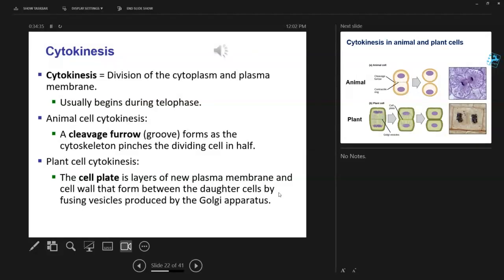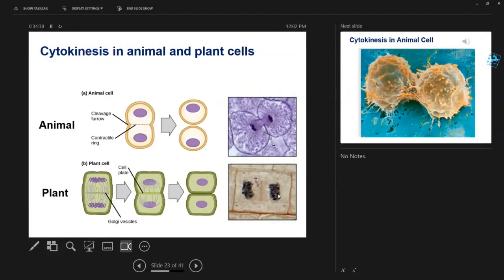In plants, that doesn't happen. Instead, in plants, instead of the cell pinching in half, the cell plate forms. It's just a new layer of plasma membrane and cell walls formed in between the two daughter cells, and that separates the parent cell from the two daughter cells.